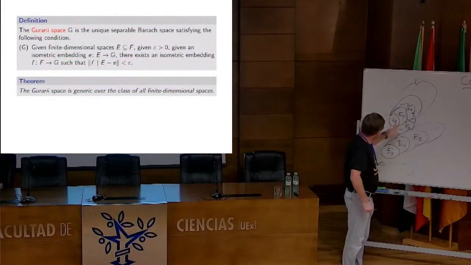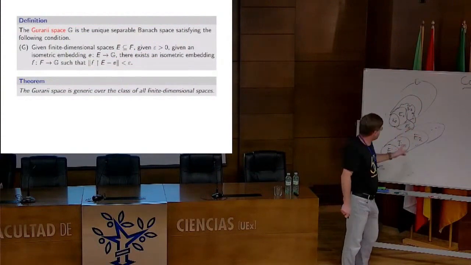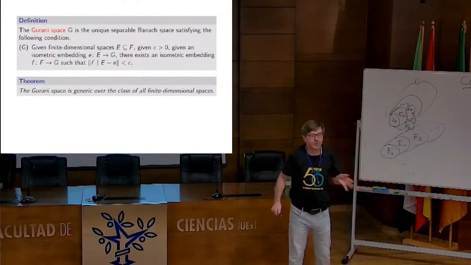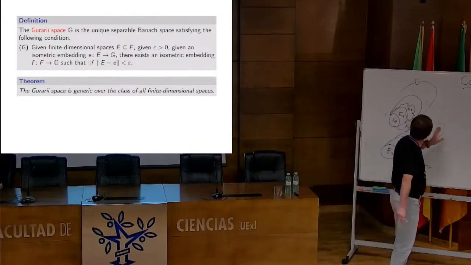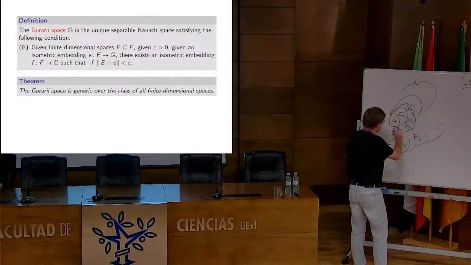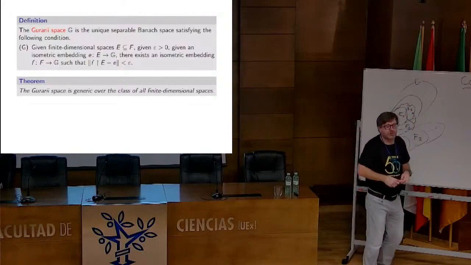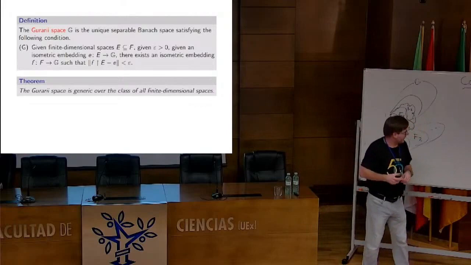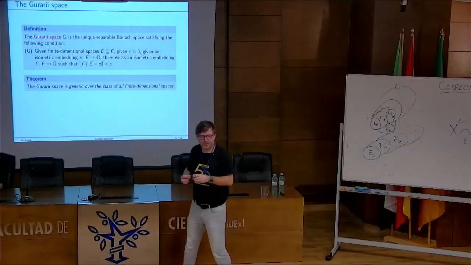But these epsilons, I said 1/2, so the next step would be 1/4, 1/8, etc. So in the end we will get a sequence of embeddings which converges. So the union will have an embedding into the Gurari space, and if the second player was careful enough, the image is dense. He can be careful enough to make it dense, yeah? Just enumerating some countable dense, linearly dense set.